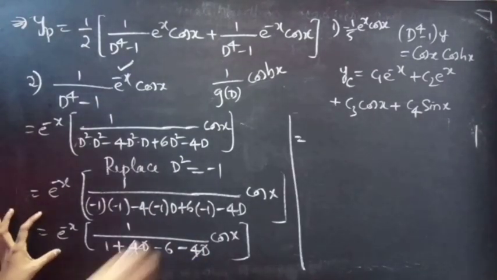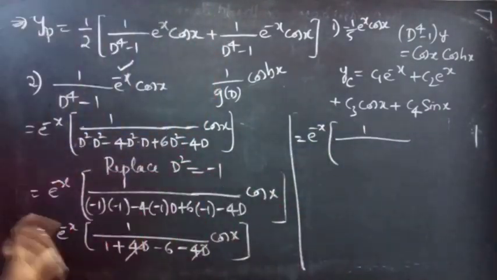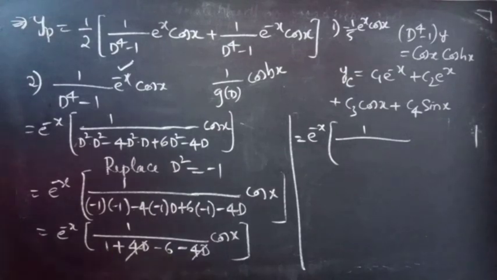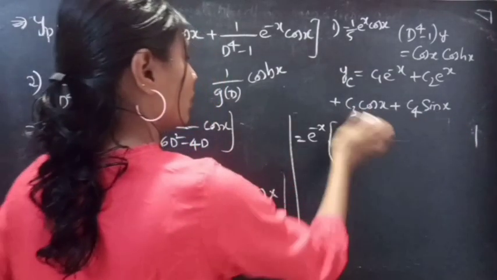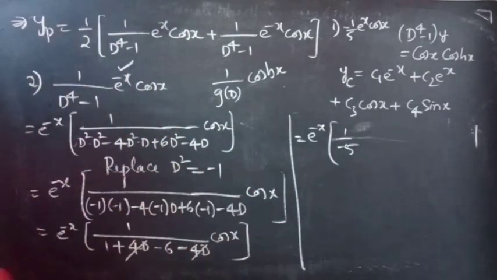This becomes e power minus x into 1 by 1 minus 6, which is minus 5, so we get 1 by minus 5 into cos x.